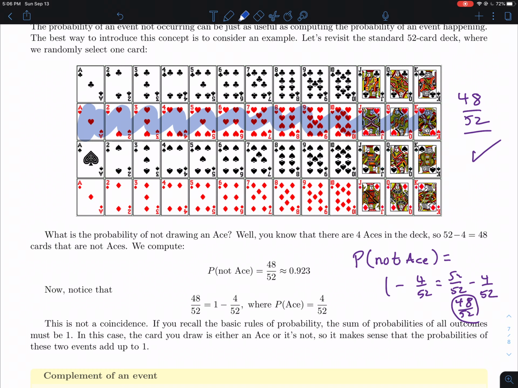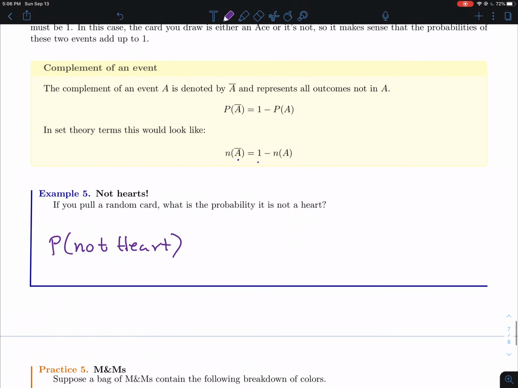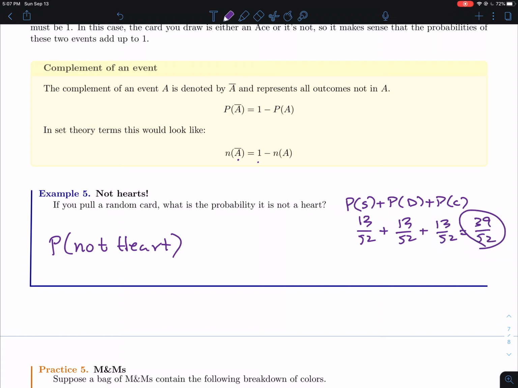That means I'd have clubs, which are 13, spades, which are 13, and diamonds, which are 13. So I could get the probability of spades plus the probability of diamonds plus the probability of clubs, which would be 13 over 52 plus 13 over 52 plus 13 over 52, giving me 39 over 52.